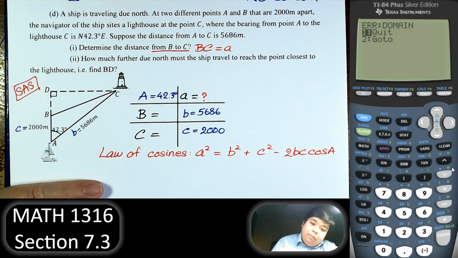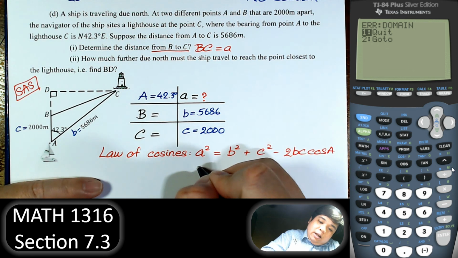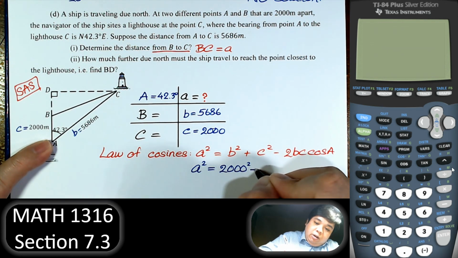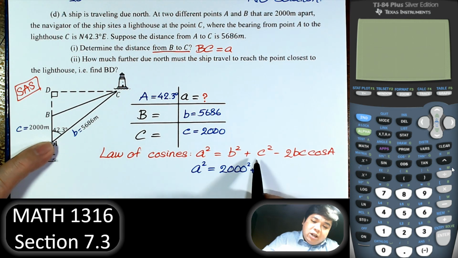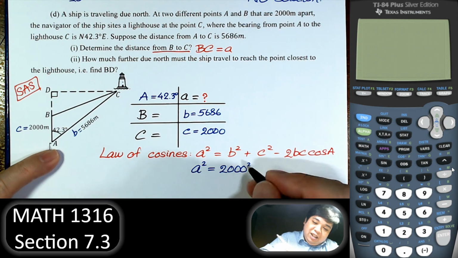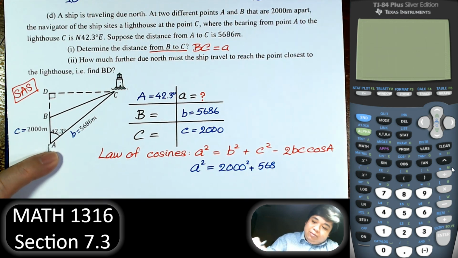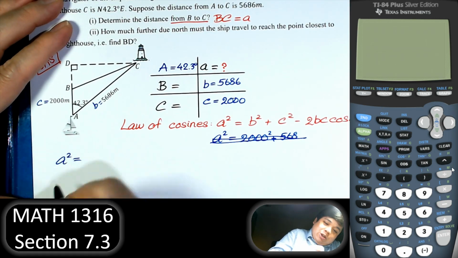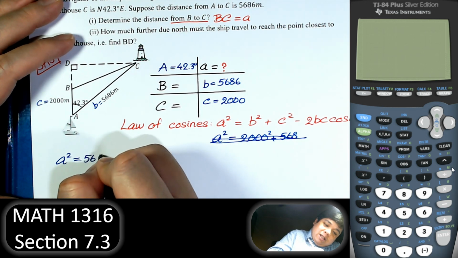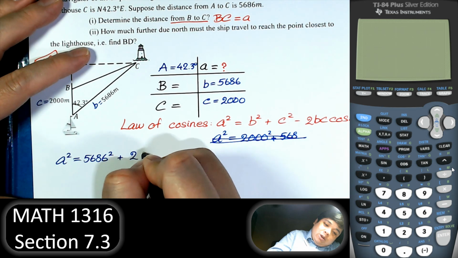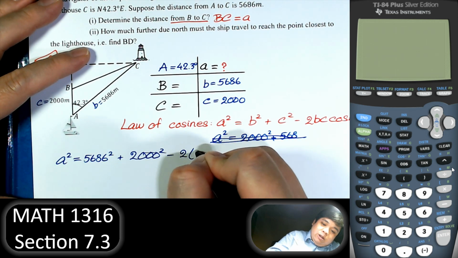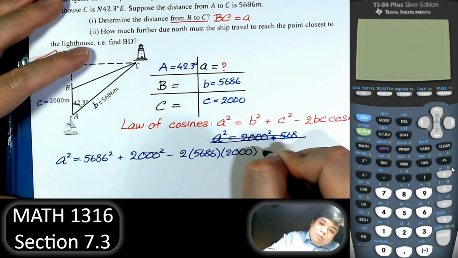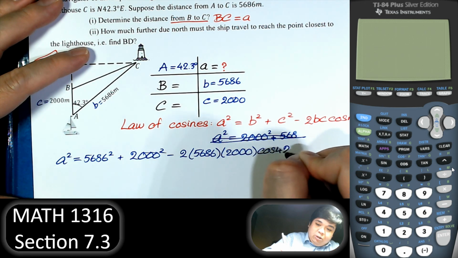So A square equal to B square, 5686, plus C square, 2,000, minus 2BC times cosine of the angle A, which is 42.3 degrees.